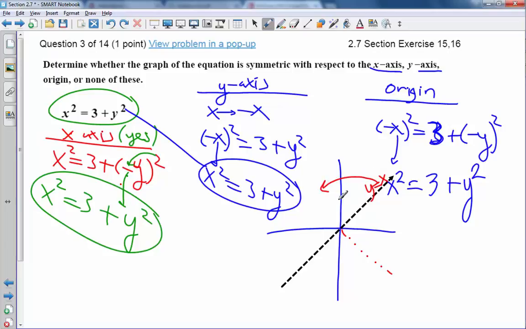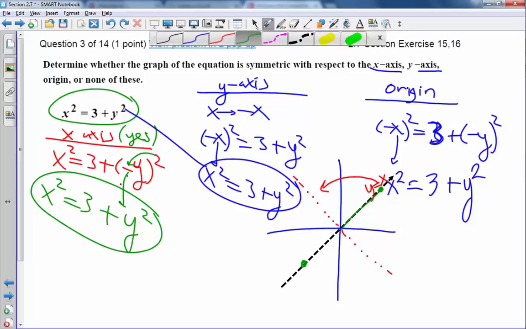When you flip this to this side, you need to get this image on the other side already present, but I don't have it. This graph has no x-axis symmetry, has no y-axis symmetry, but it does have origin symmetry. Whenever I take a point, hit origin in a straight line, I go the same distance and can find another point on the other side. It has origin symmetry, okay?